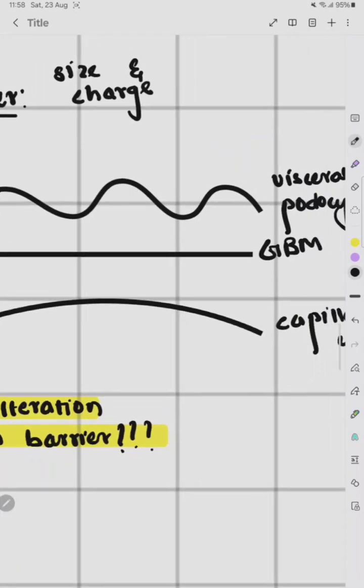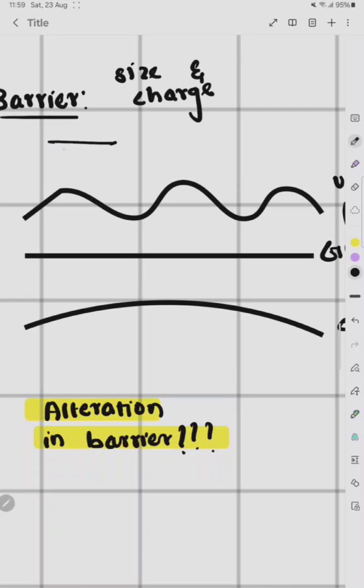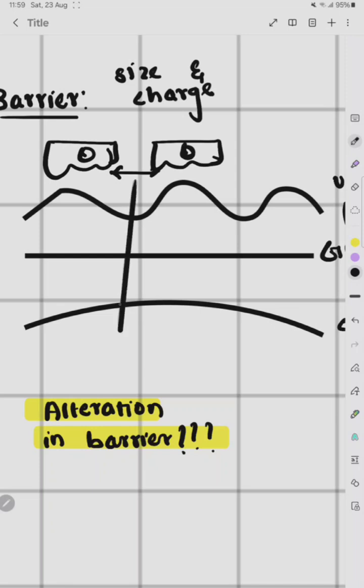I have depicted the visceral podocytes as continuous, for the sake of representation. Generally, the visceral podocytes are like this. So there's a slit or some space in between them, which prevents loss of some substances, thus acting as a size barrier. The size barrier is also envisioned at the level of the capillary.